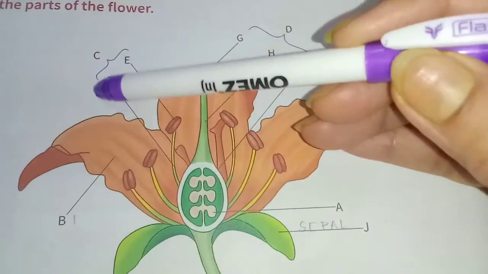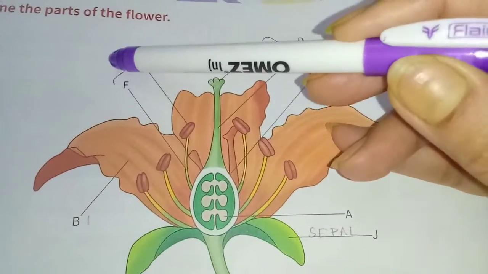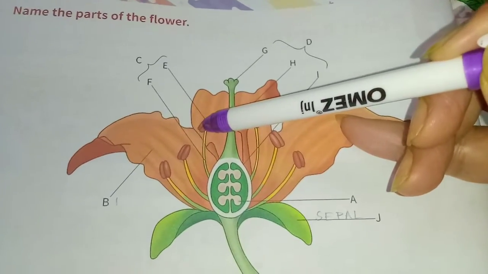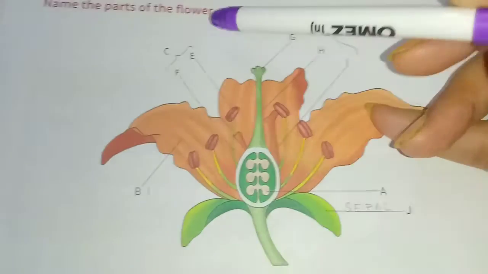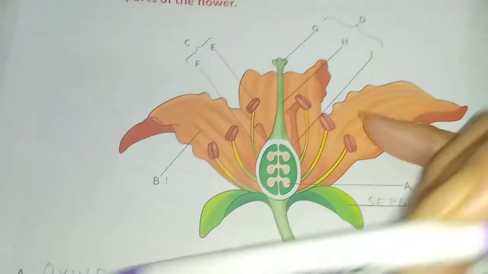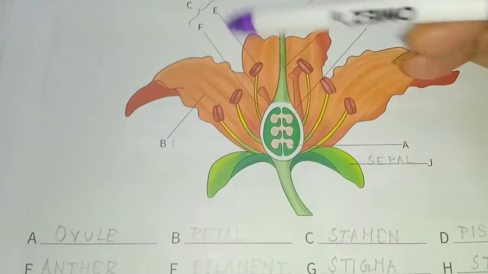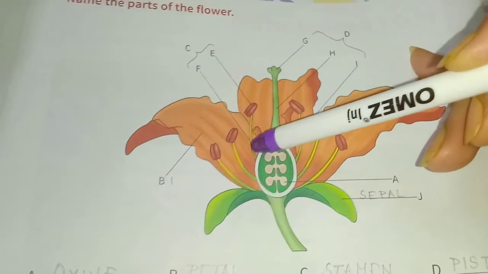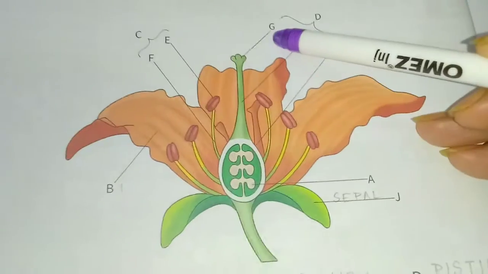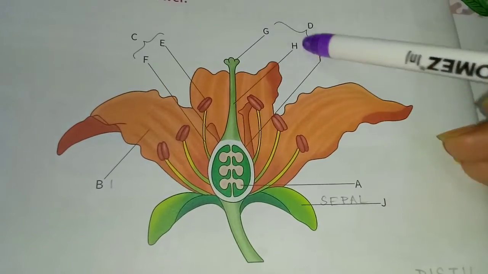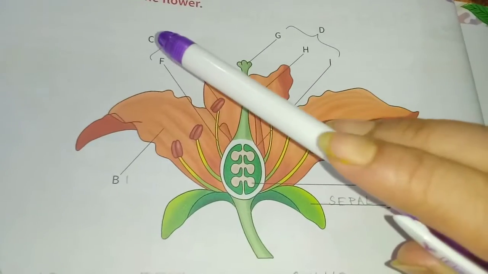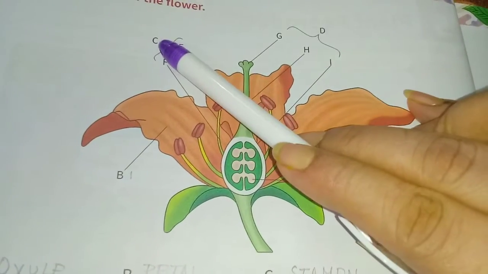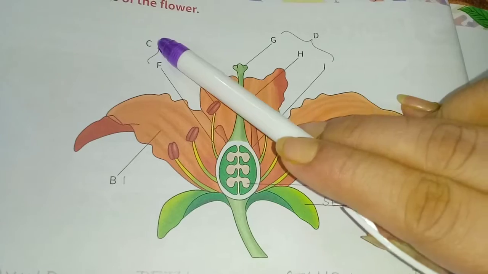C, stamen. Stamen has two parts, E and F: E, anther, and F, filament. Next, D. D is pistil. C, the stamen, is the male reproductive part of the flower.